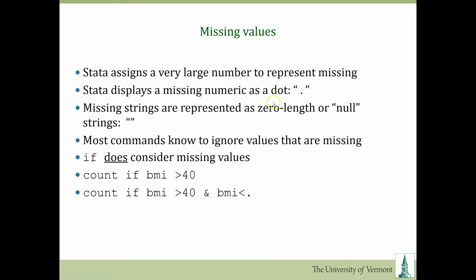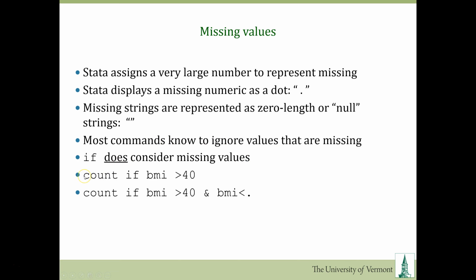That dot is like a period. There's no spaces necessarily. Missing strings are represented as a zero length or null string. Again, these quotes are elbow to elbow. There's zero space between them. Most commands in Stata know to ignore values that are missing, but one exception is the if statement, which does consider missing values, and that turns out to be handy.